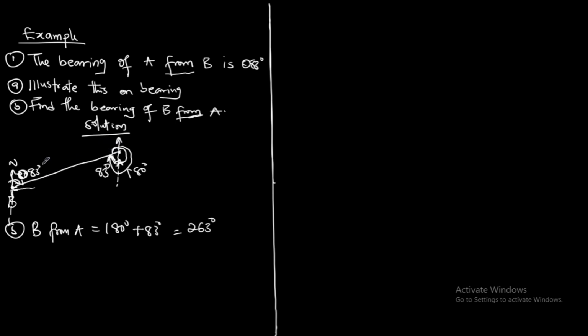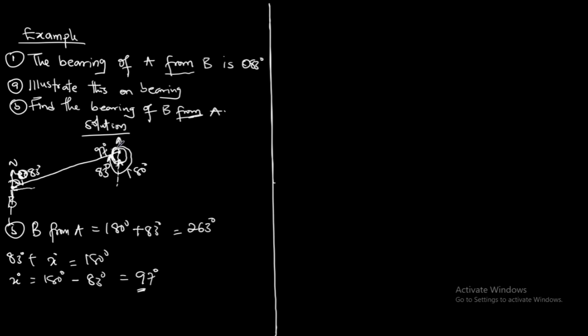That means the sum of this angle, 83 degrees, plus this angle that we don't know yet, let's say x, will equal 180 degrees. Which means this angle will equal 180 degrees minus 83 degrees, and that should give us 97 degrees.